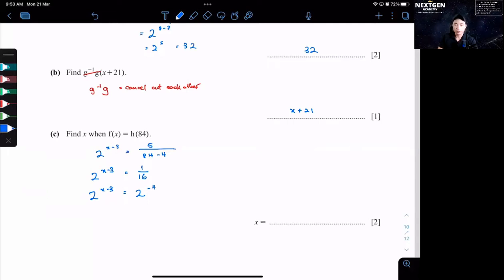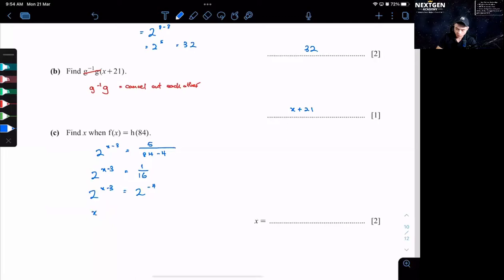But for maths, normally if you have an unknown power, you would need to change both of it to the same base first, and then you compare the power. That's how you all solve it. So we can just compare the power right now. Negative 4, therefore x equals negative 1. Okay, 2 marks question.